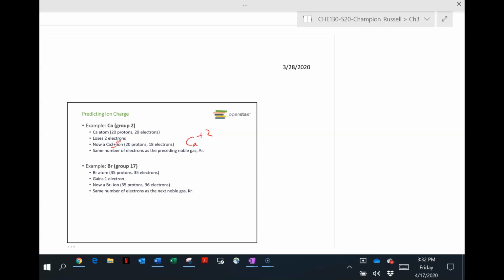Bromine picks up an electron. It's in group 17. That is Br-, and when looking ahead to naming these things, calcium 2+ is called a calcium ion. Br- is called bromide. It ends in -ide.